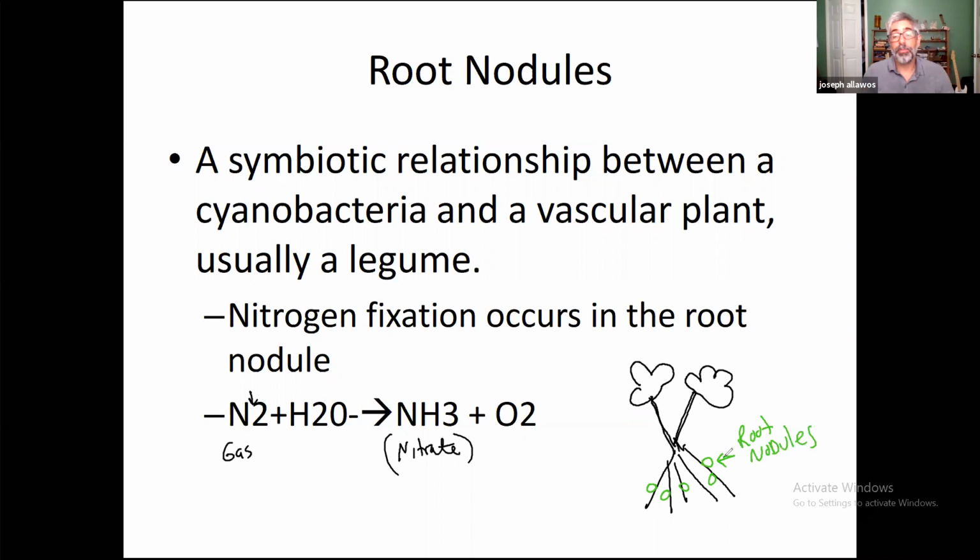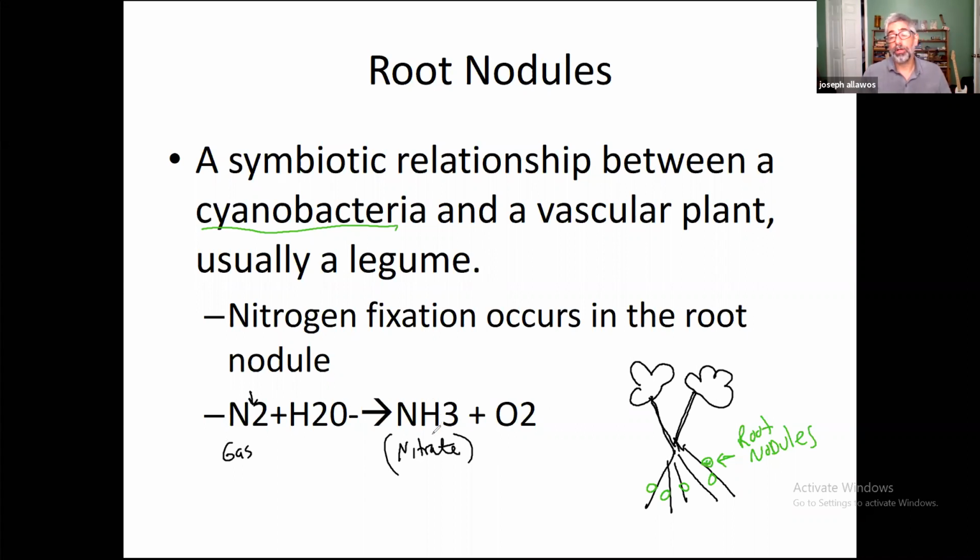The nodule is actually made by the plant. If you cut it open inside of the root nodule, guess what's in there? A cyanobacteria. Okay. And so here's what happens. Inside these root nodules, the cyanobacteria is able to do this chemical reaction and turn nitrogen gas into nitrate.